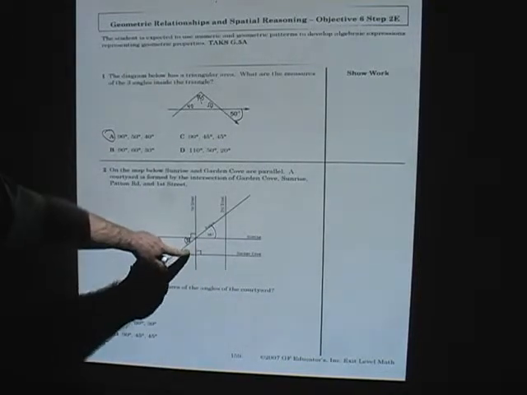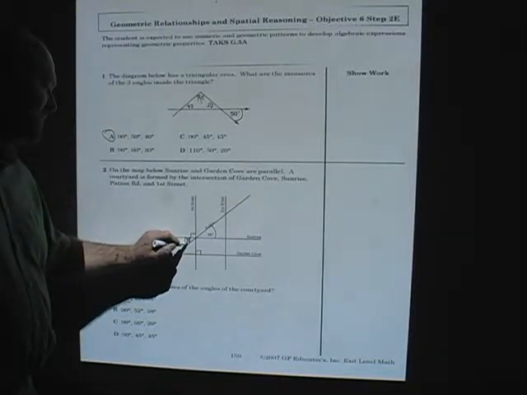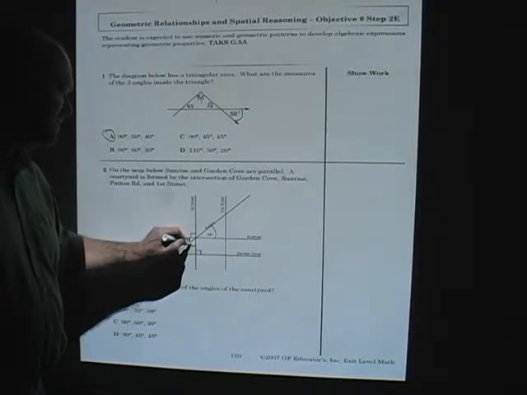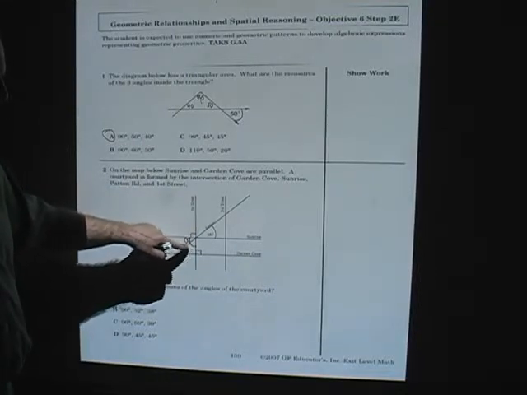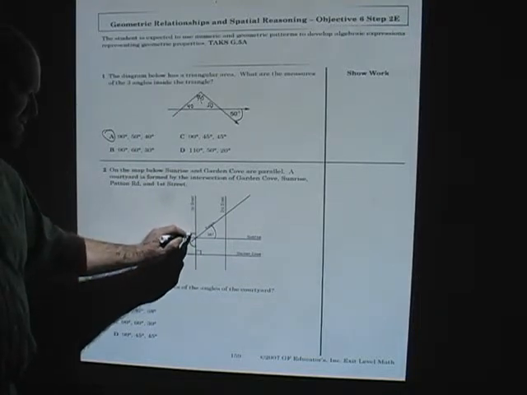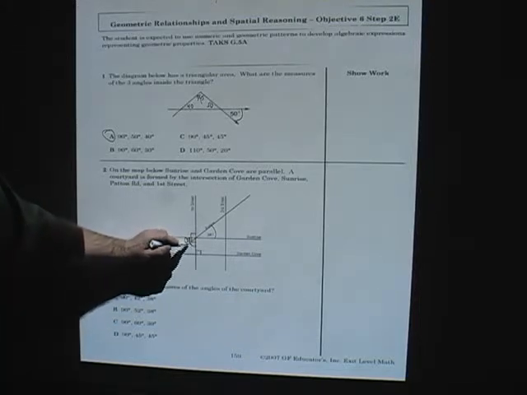They want to know the measures of the angles of the courtyard. Show me 3 angles. Well, this one's 38. Since that's 90, then these two have to add up to 90, because all together those have to equal 180. Since this is a right angle here, these two have to add up to 90.